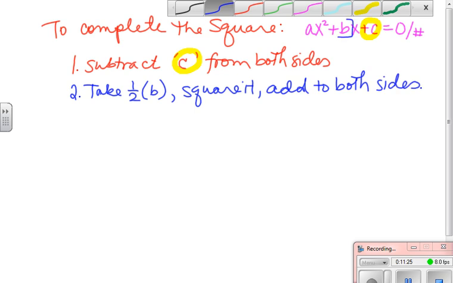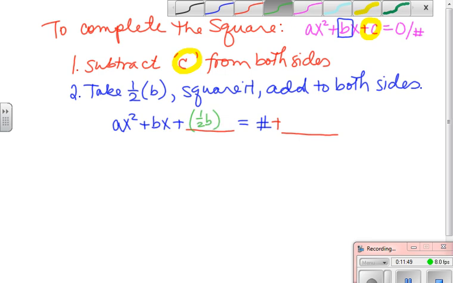So now we're looking at this value. And what you'll see me do is I will write something like this, ax squared plus bx plus, and then I'll leave a gap, equals that number that we had over here from our subtraction plus, and I will physically write a gap. And this is where 1/2 of b squared goes.